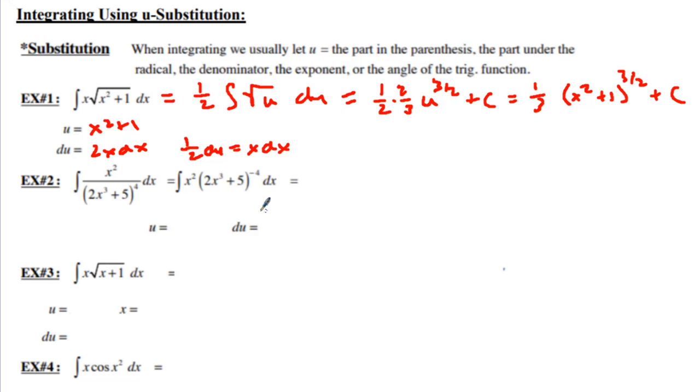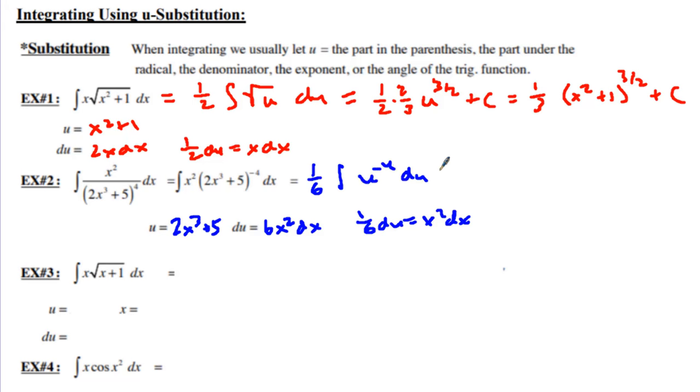Let's take a look at example 2. What are we going to use for our u substitution for example 2? We're going to use 2x cubed plus 5, which means my du is going to be 6x squared dx, which means 1/6 du is equal to x squared dx. That works in really nice. We have 1/6, we have our x squared dx, that's du.